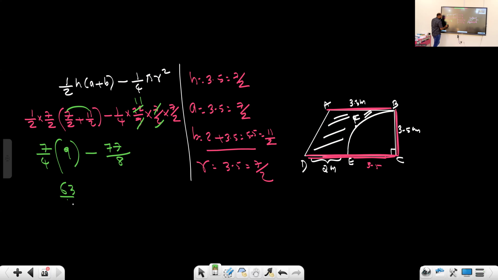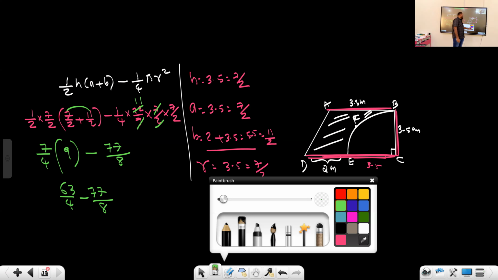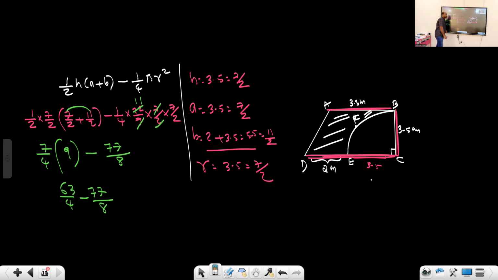63 by 4 minus 77 by 8. So I'm making the LCM the same. How much is the LCM of 8 and 4? 8. Here I multiplied by 2: 126 minus 77 by 8. Subtract and divide.